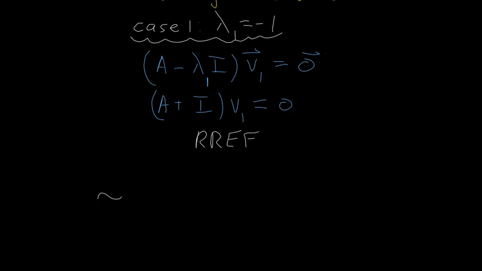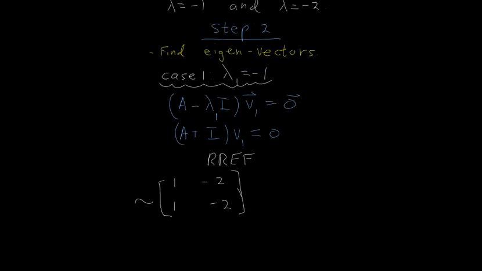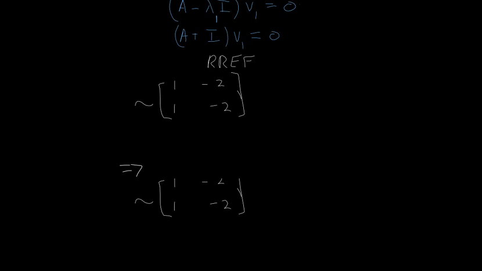We're going to get 1, -2, 1, -2. That's going to be our RREF matrix. Now from that, that gives us what the eigenvector is. From this right here, our eigenvector after the row reduction would be v1.